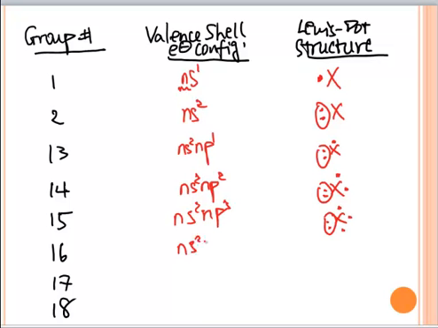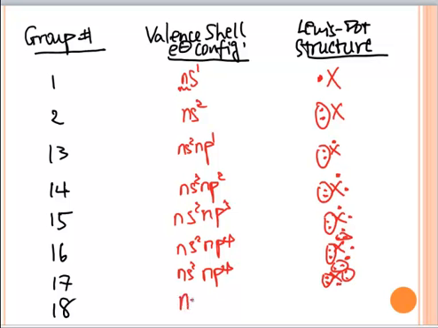15, ns2 np3, that would be 1 pair, 3 singles. 16, ns2 np4, that would be 2 pairs and 2 singles. 17, ns2 np5, 3 pairs and a single.